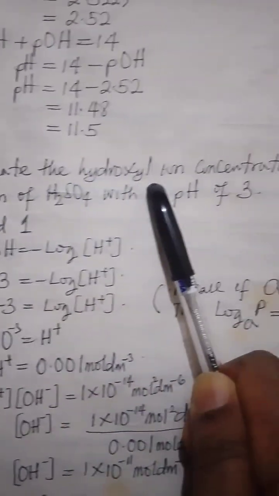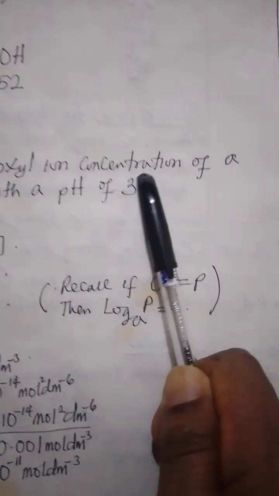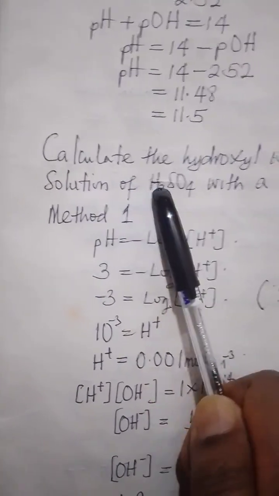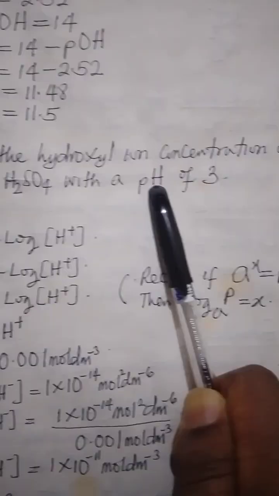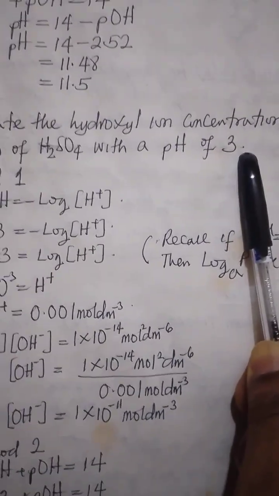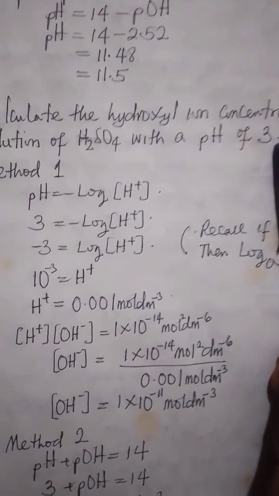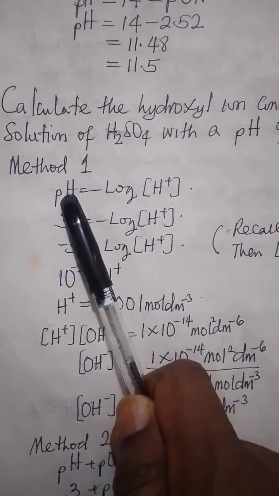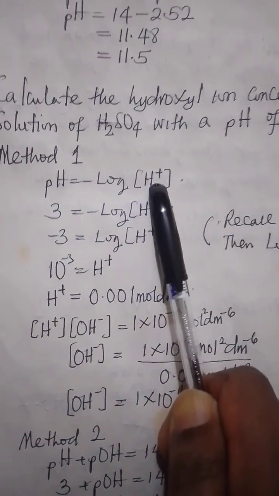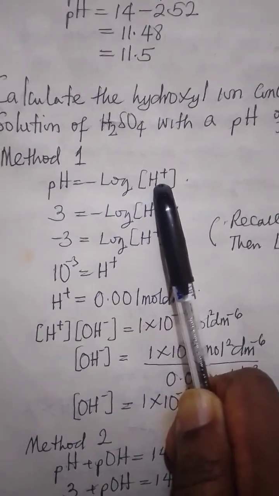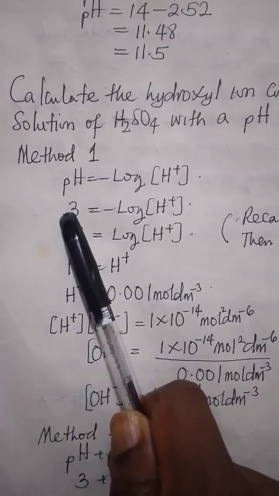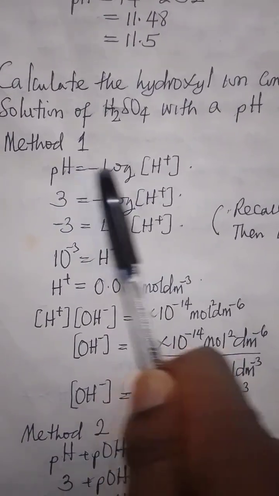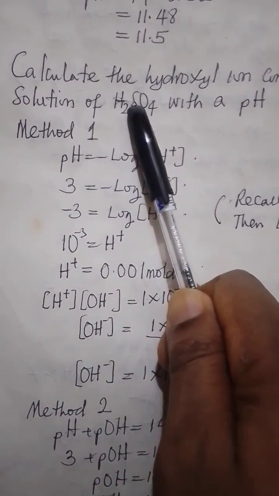Calculate the hydroxyl ion concentration of a solution of H2SO4 with a pH of 3. We are to calculate the hydroxyl ion concentration. Of course, our pH is the negative logarithm of hydrogen ion concentration. The pH is 3. We're using this formula now because we're dealing with an acid.